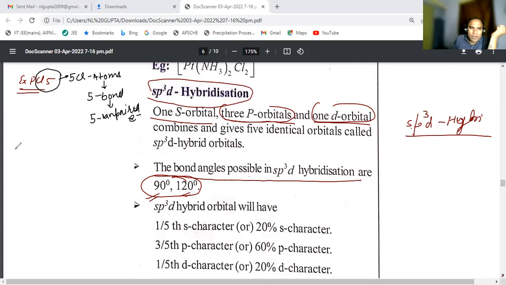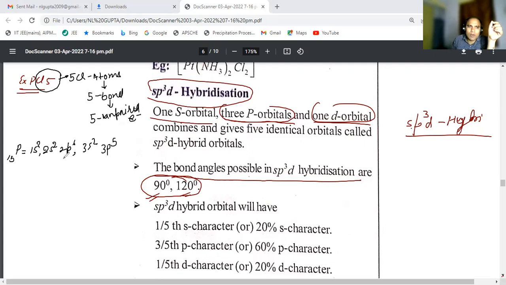So phosphorus, if you are doing the configuration, phosphorus is 15. Here is 1s2. This is the inner shell. Then it is going to be 2s2, 2p6. This is the inner orbital, nothing to do with hybridization. Now we have 3s2, and then 3p3. Okay, so you can add the total.